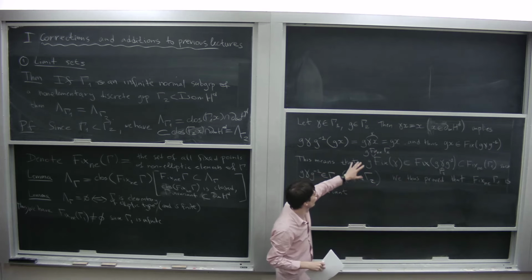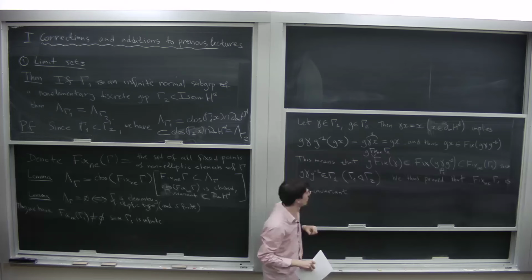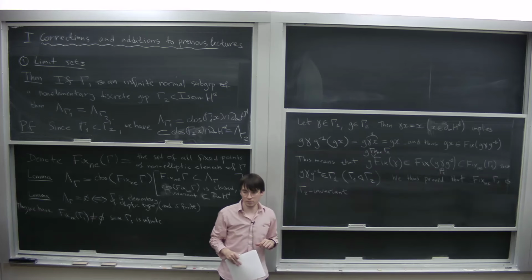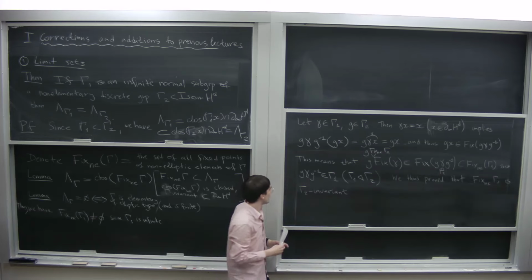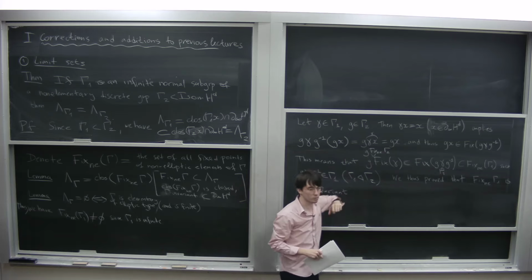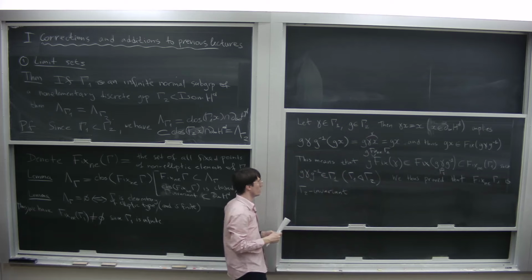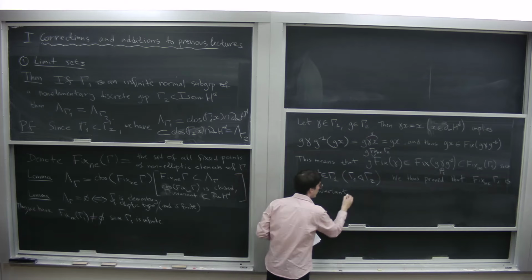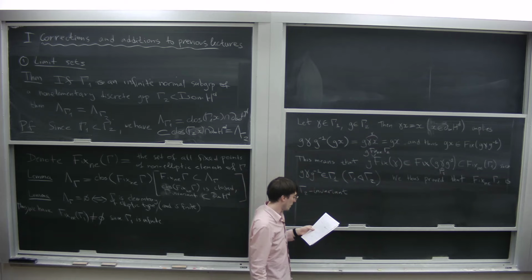So eventually I obtain that fix sub ne of gamma 1 is gamma 2 invariant. Recall that G is any element from gamma 2, okay? So we just proved this.